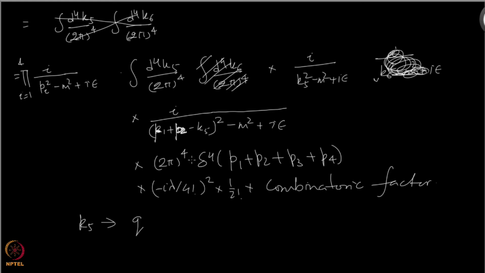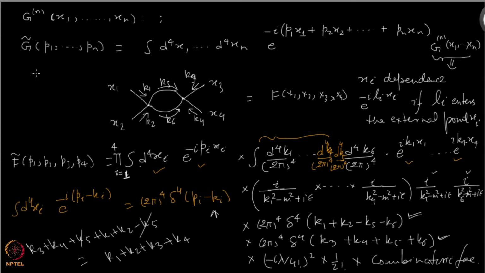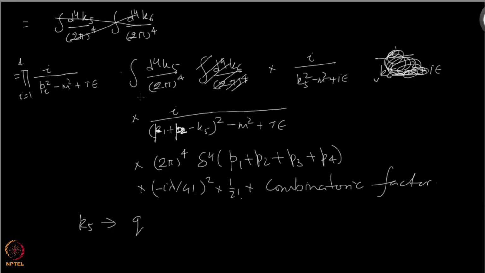So you see there is only one momentum over which we still need to do an integral, and that is k5. All others are completely fixed because they are fixed by the specification of g tilde, which has p1 up to p4 in our expression. So they are given externally, they are specified to you. What is left is only one integral over the dummy variable k5, which we are going to call q now.